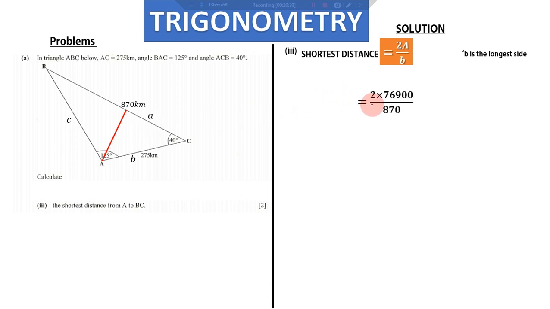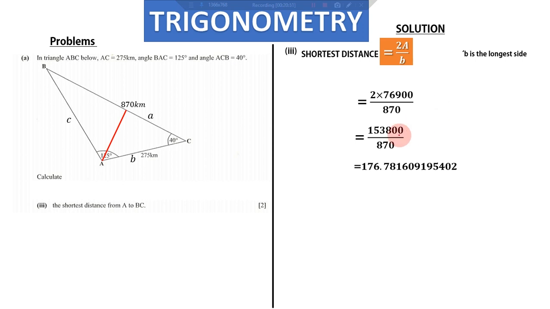So 2 multiplied by the area, which was 76,900. So the longest side between 275 and 870 is 870. That is what we have used down here. Multiply on top, we have that value there, which is 153,800. You're going to divide it by 870, where you have 176.78160919540.